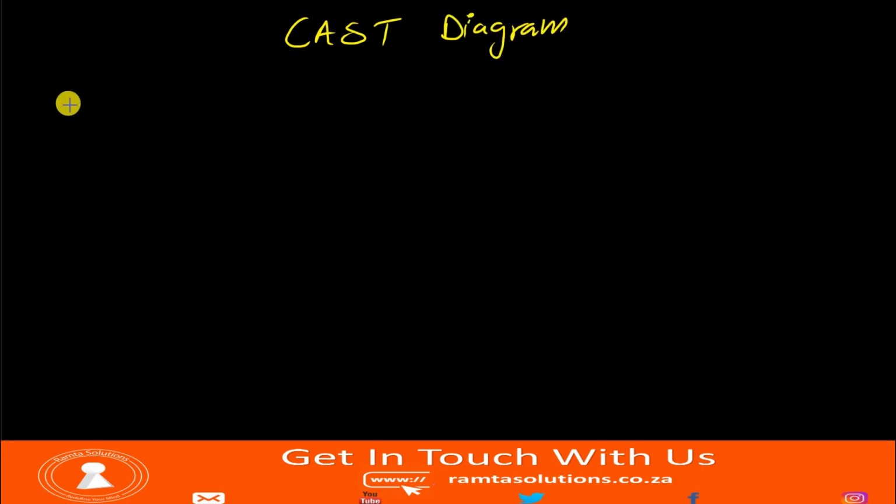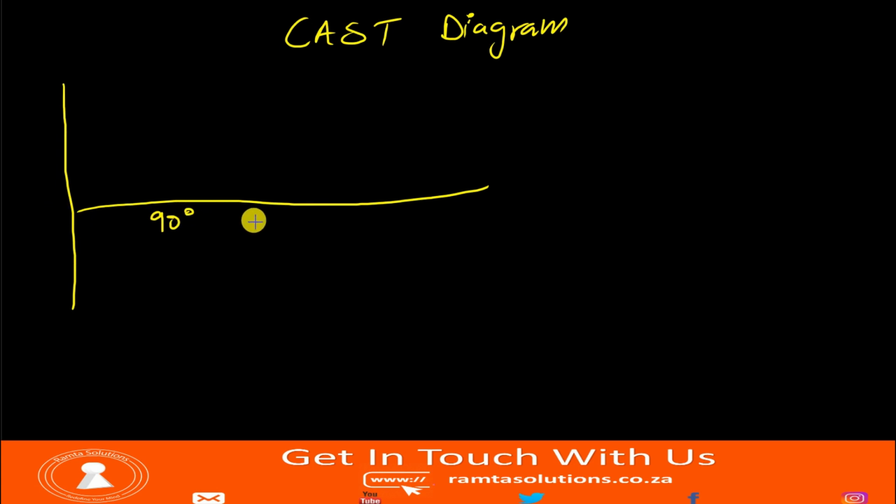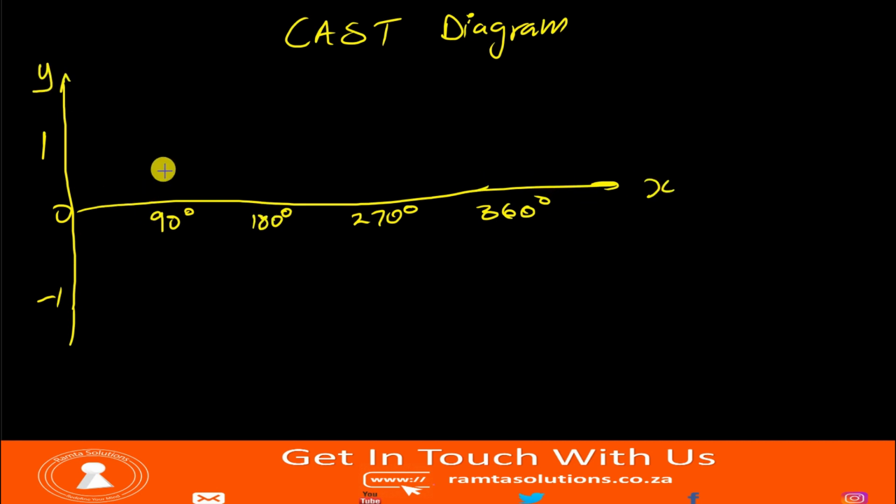You guys recall we used to draw functions in the domain 0 degrees to 360 degrees. So you are familiar with all the graphs. Let's say this is y and this is x. Your sine graph would have this shape here.